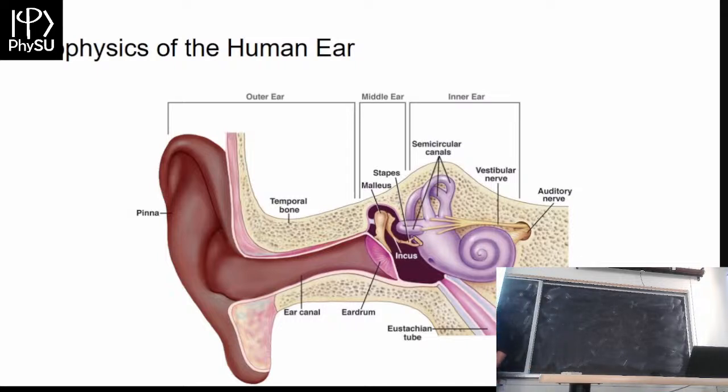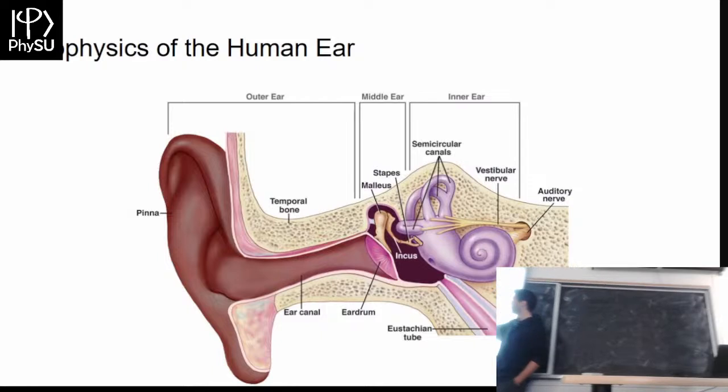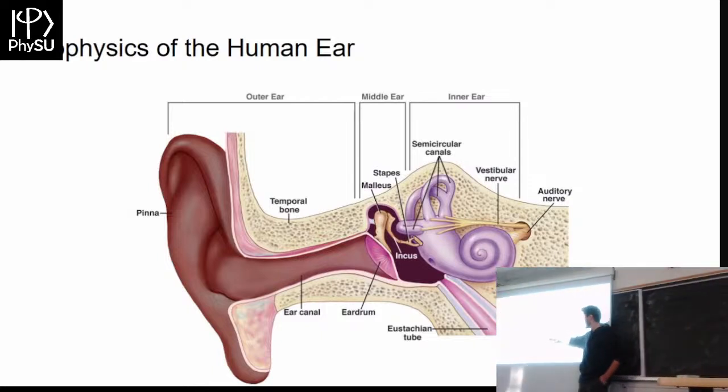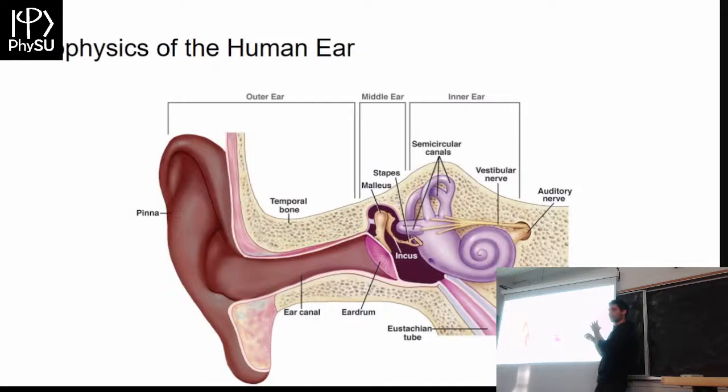Then we have the middle ear. This is where it comes into play, right? There are three bones here, and these three bones can flex and bend with one another. As the eardrum oscillates back and forth, it moves those bones, and the bones slowly press back and forth on the cochlea, which is the inner ear.